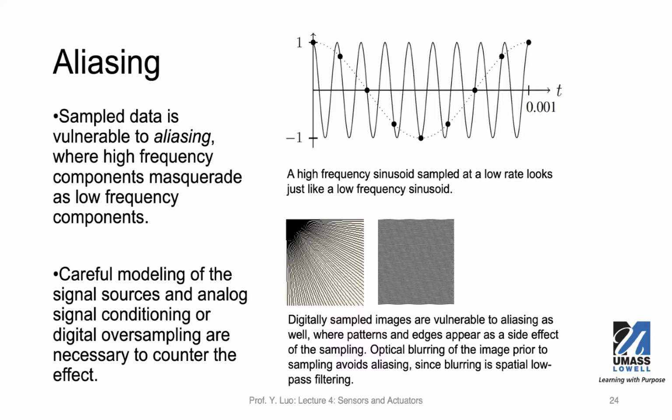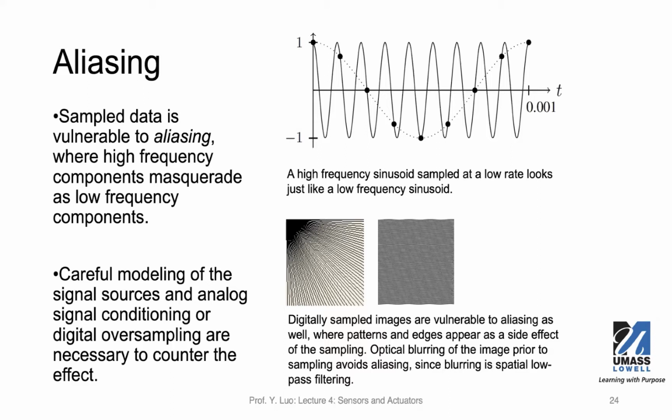To process these signals, you will need to sample them so that you have discrete values for digital systems to process. That's called sampling. What we're showing here is a phenomenon called aliasing. Sampled data is vulnerable to aliasing, which means that high frequency components masquerade as low frequency components.